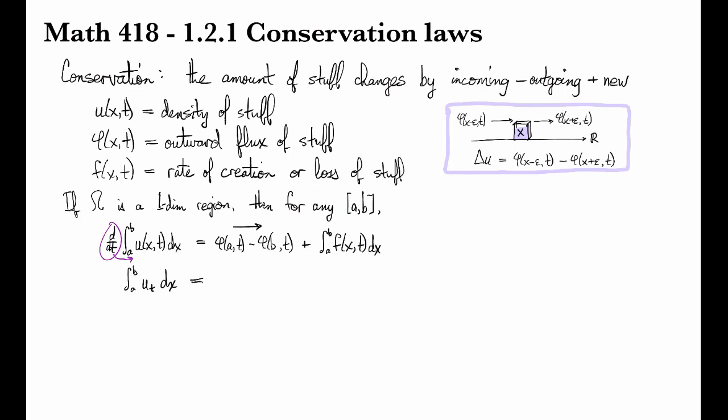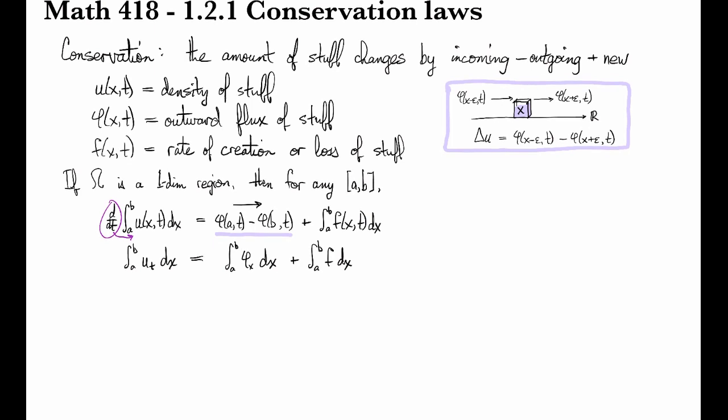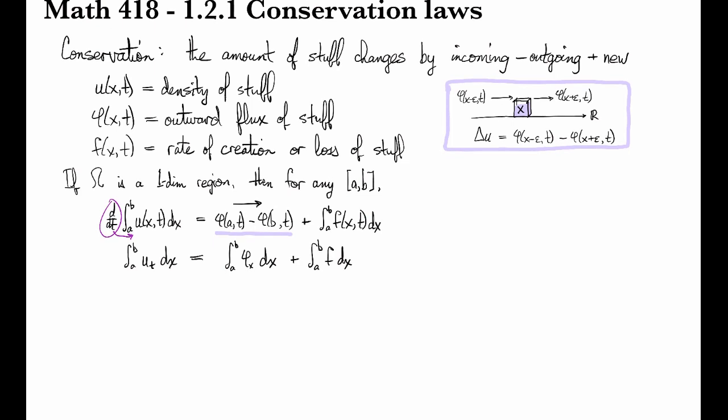And on the right hand side, I can rewrite this portion right here in terms of the antiderivative with respect to space, which would be phi evaluated from top to bottom times dx, plus then this integral of sources and sinks.